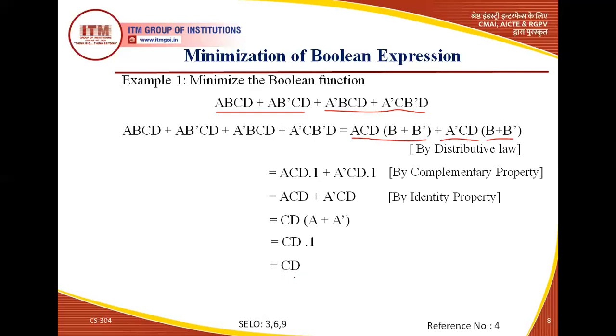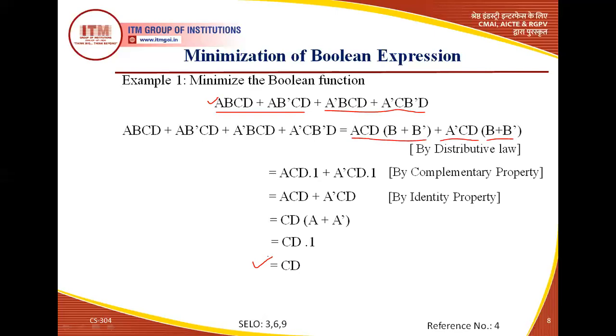What is the meaning of minimization? Minimization means we get the same output result while we realize this term and this term. In both cases, we get the same output result. Okay, so that is the advantage of minimization.